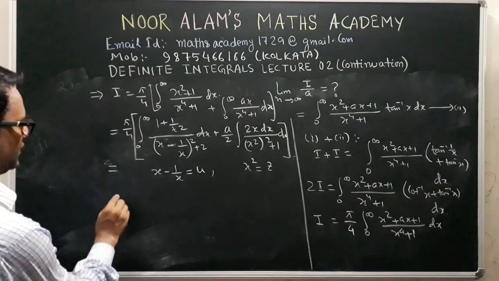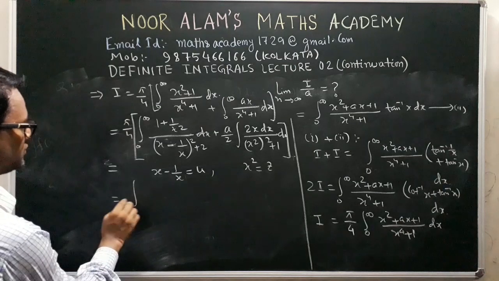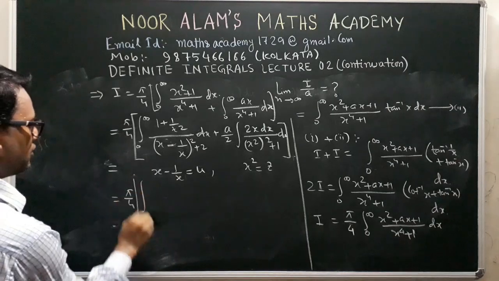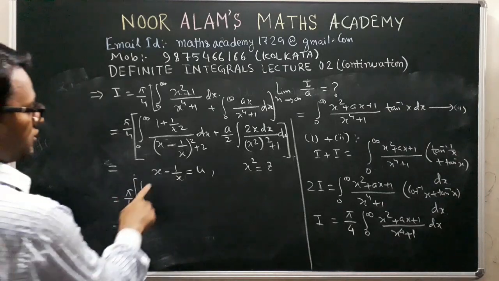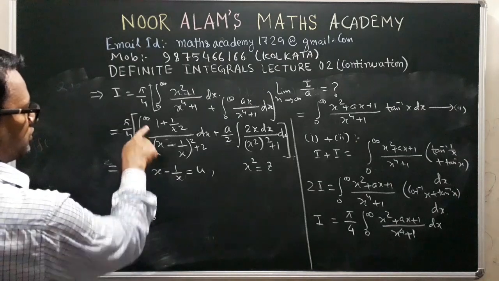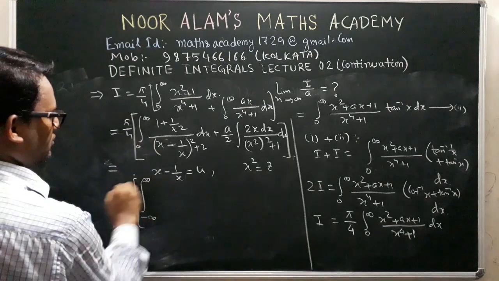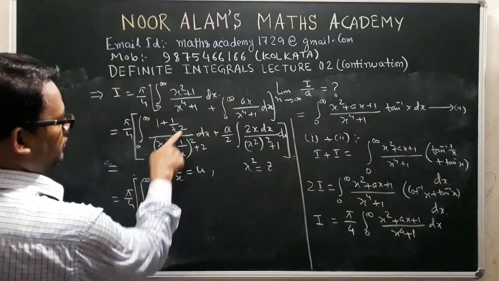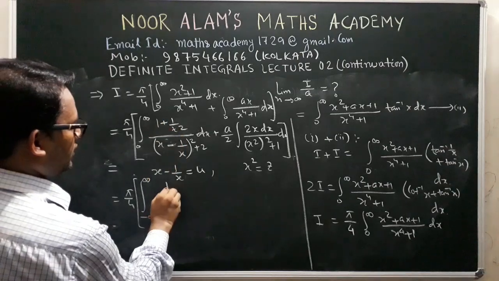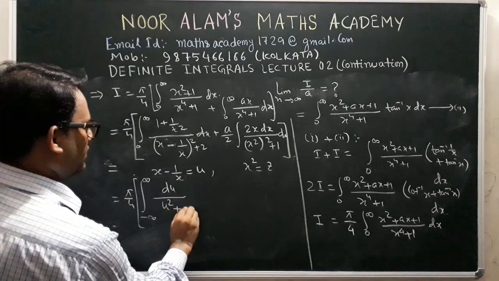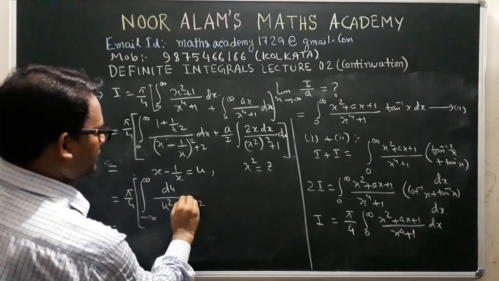So now pi by 4 is outside. When you put x equal to 0, this part is 0, but in the first integral the limit becomes minus infinity. When you put x equal to infinity, it will be plus infinity. When you differentiate, the numerator gives du. In the lower part you have u square plus 2, which can be written as root 2 whole square.